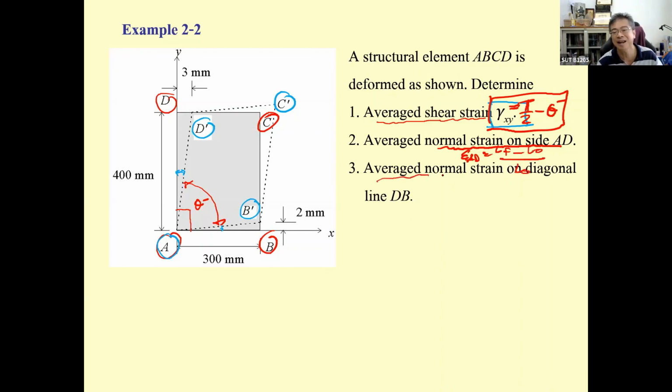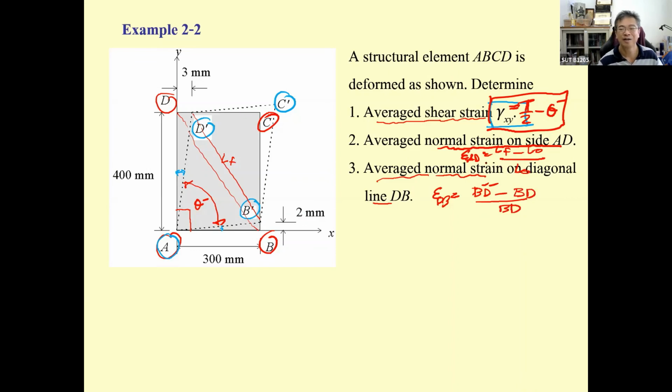And then they ask us to determine the strain along the line DB, which originally is going to be this length, L sub O, and then this one is going to be L sub F. So strain DB is going to be B prime D prime minus BD divided by BD.